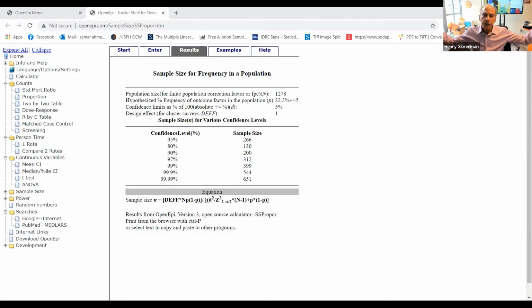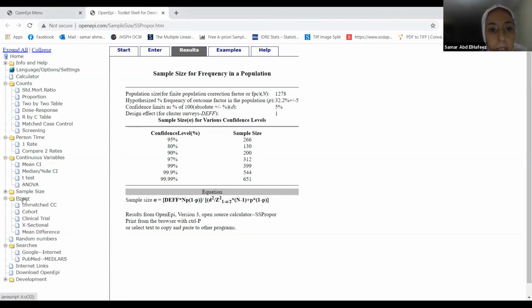Let's say if I did a sample size of 100, what does that mean? That I didn't calculate the sample size accurately, yes, but what does that tell me? So you want to consider a sample size of 100?